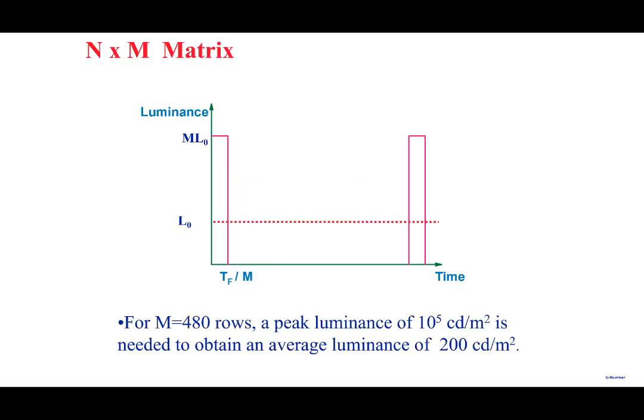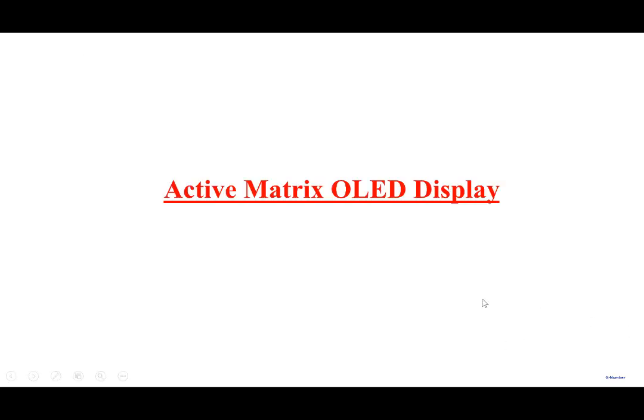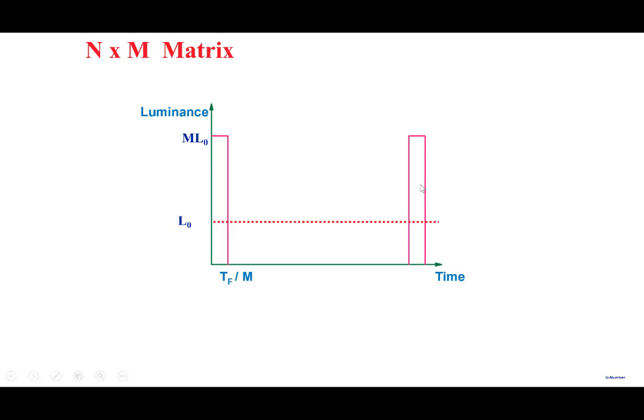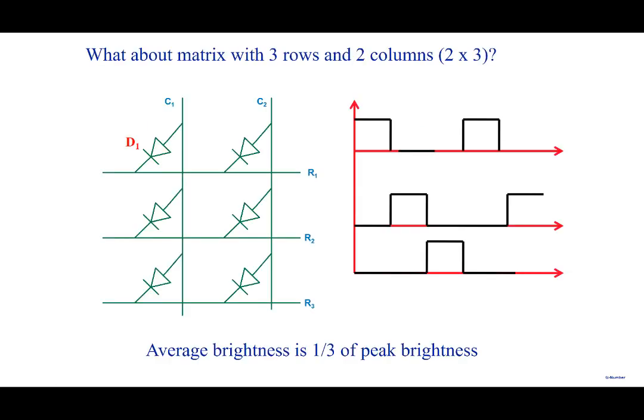The solution to this problem is what we call the active matrix OLED display. We have an OLED display arranged in the form of a matrix. The previous display that we have talked about is a matrix display that we call a passive matrix. Passive, because in electronics we use the term active to denote a transistor, and when circuits don't have a transistor, we generally call them passive circuits.